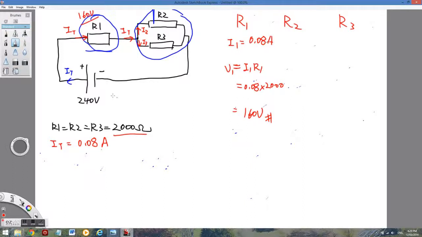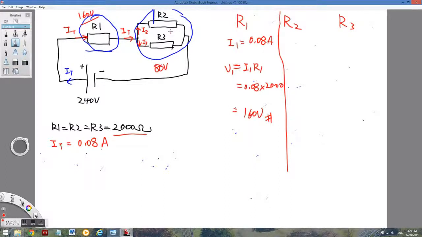Now let's look at R2 and R3. Remember, R1 is connected in series with the whole parallel set of R2 and R3. So if I have 160 volts here, R2 and R3 should have 80 volts because they should end up at 240 volts.